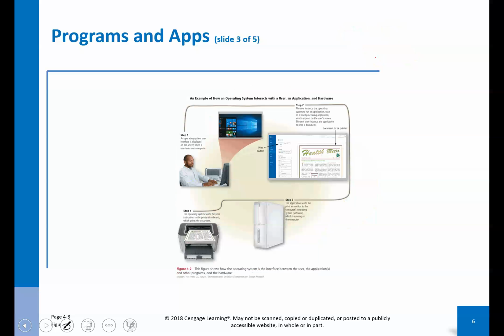Now, how about this page here? This page is telling you about application software and system software mingling. You as a person are now using maybe Microsoft Word, writing up something.